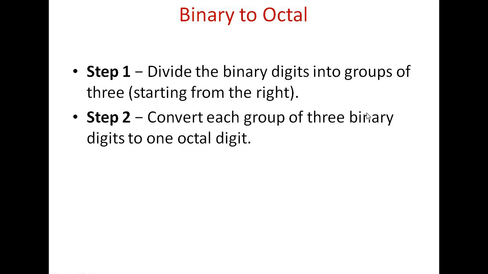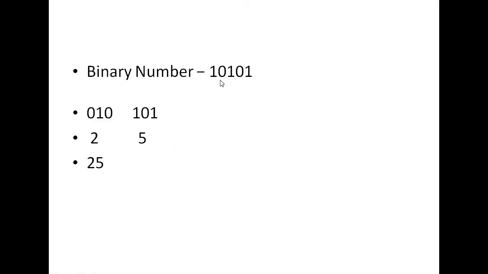Okay, let us consider one small example. Binary number 10101. Group of 3 bits from right: 101. This is one group. Then 0 1, 2 numbers are there, so I can add one extra 0.